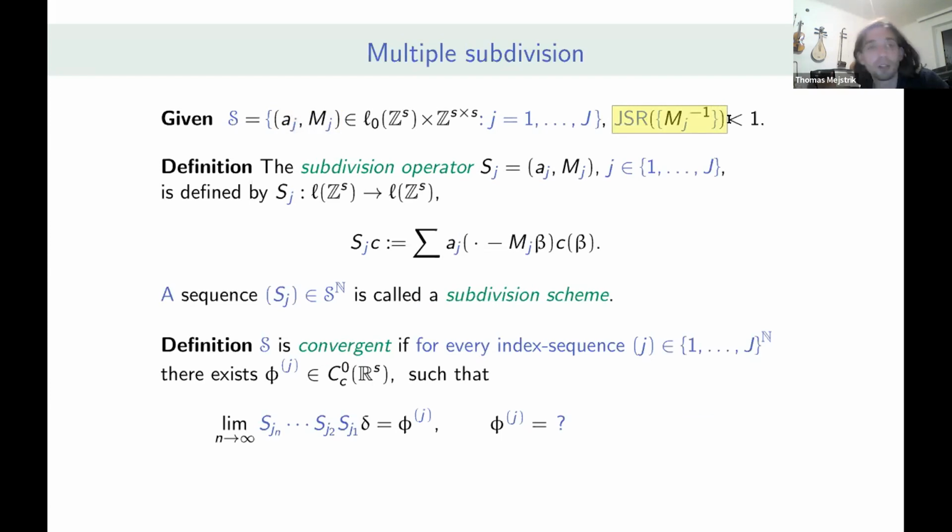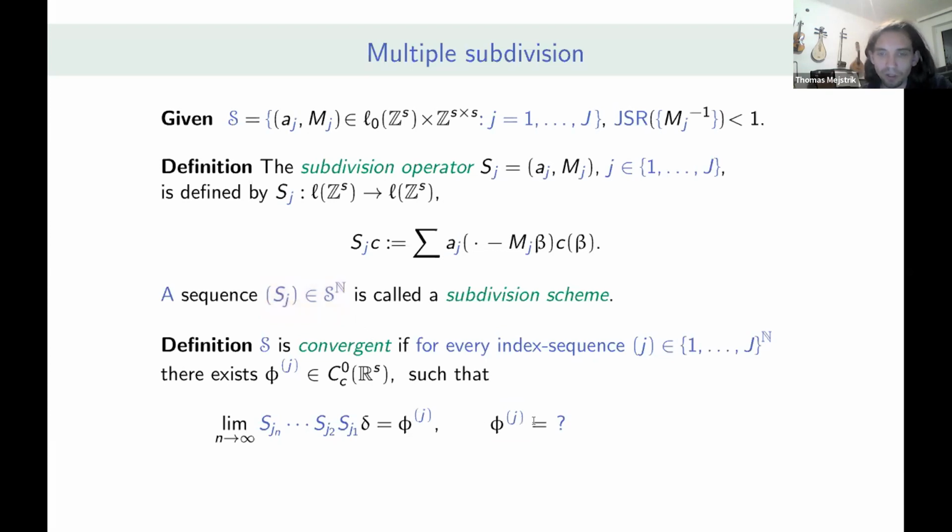So regardless in which order we apply them, the mesh we generate must behave nicely. And this can be expressed as the joint spectral radius of the inverse now being less than 1. The subdivision operator is defined as before, and we say any sequence of subdivision operators is a subdivision scheme. And convergence now is defined if we take any index sequence, then there exists a function phi to which our subdivision scheme converges.